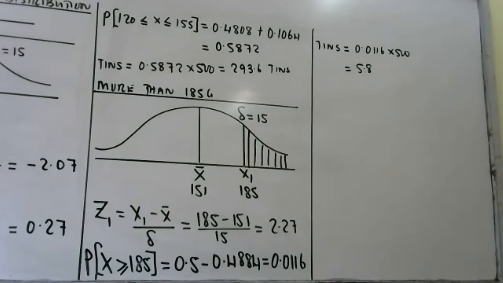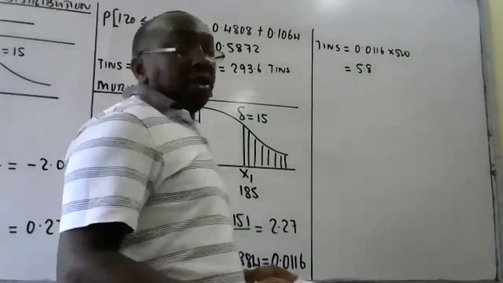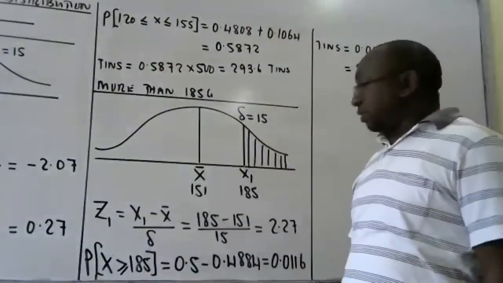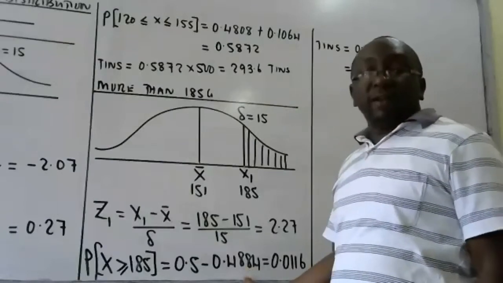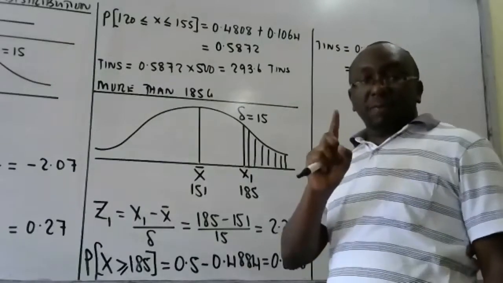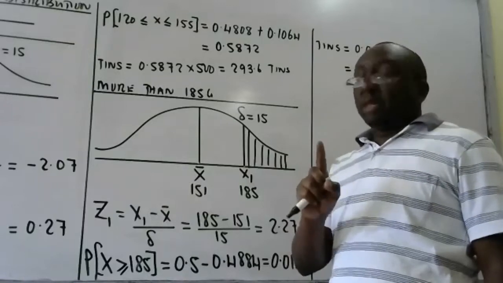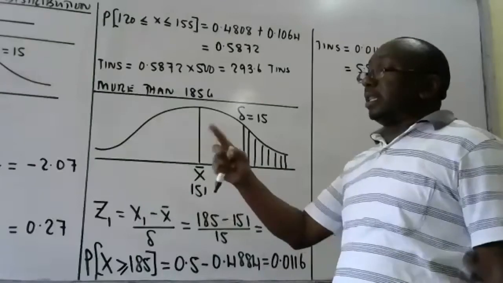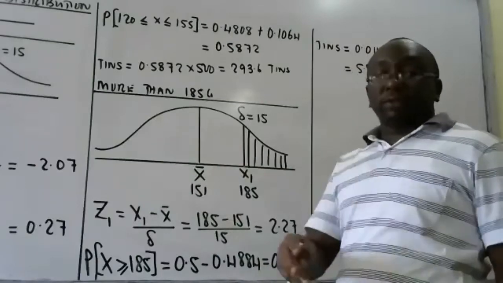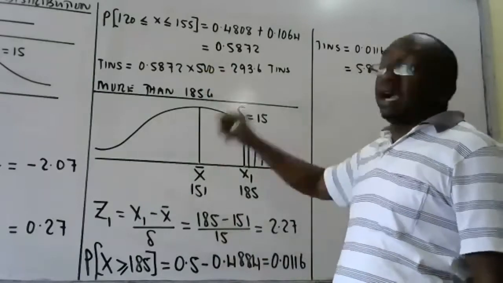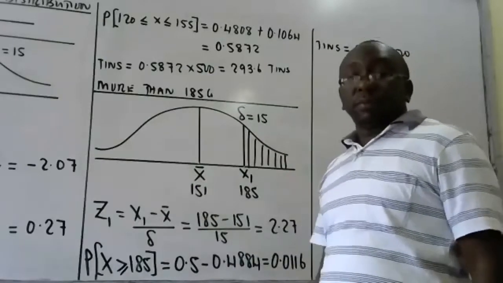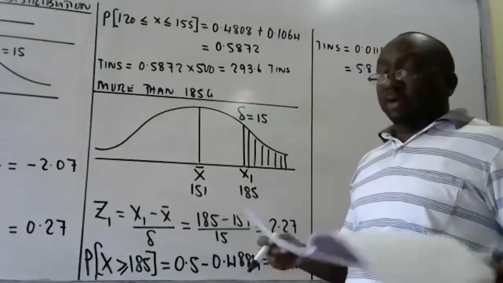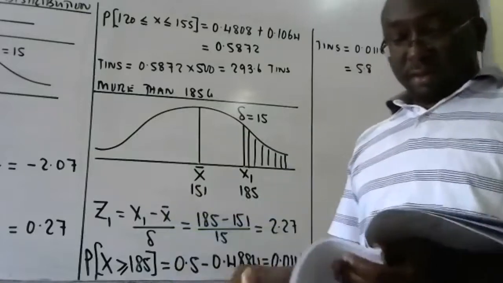Is that okay? Yes. Okay, good. Because we are told all the teams are 500. You see, the values of probabilities here are usually for 1. Probability is expressed in terms of 1. So this refers to 1. So if you are given a figure greater than 1 and you want to know the total, then you simply multiply by that figure. Is that okay? Yes.